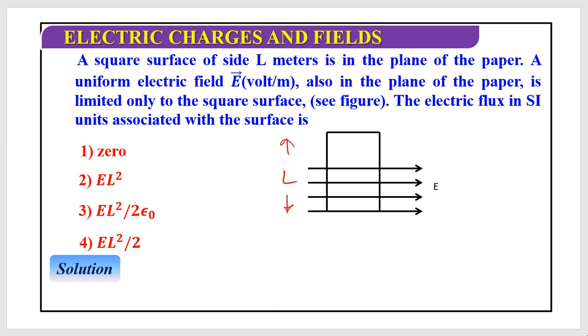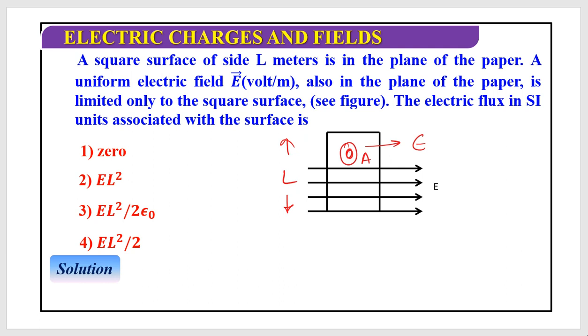This is the direction of electric field. Now find out the direction of the area vector. It is perpendicular and outward to the surface, so it can be represented like this.